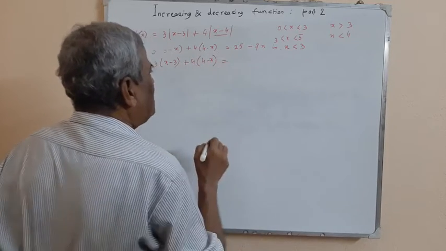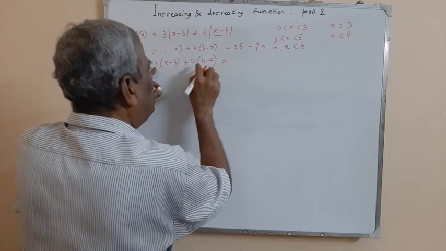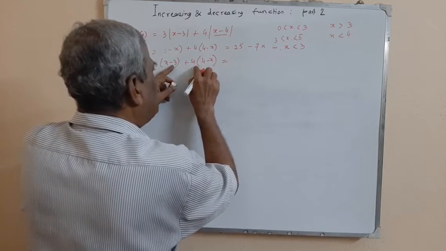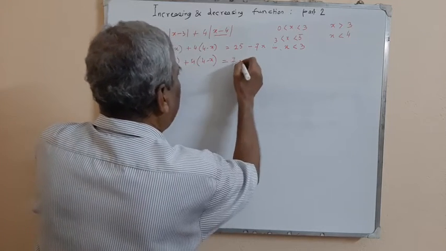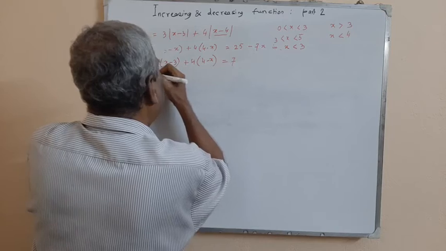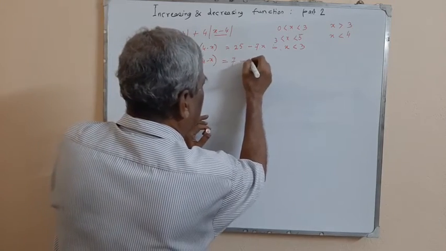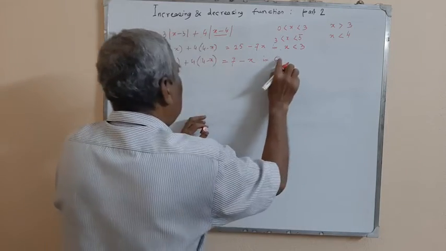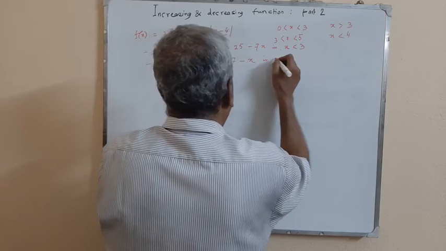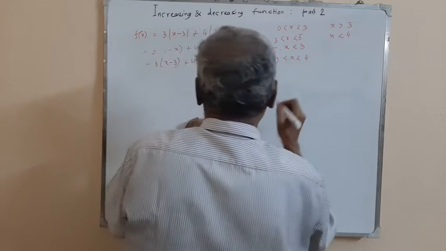After simplification, it is 16 minus 9, that is 7, and minus 3x plus 3x minus 4x, that is minus x, in 3 less than x less than 4.